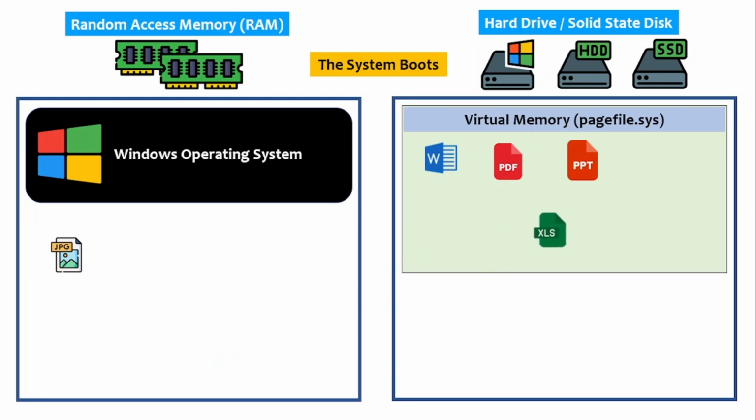So Excel will be moved out to virtual memory and MS Word will be brought onto the RAM as we are working on it. This is just a layman's pictorial representation of how virtual memory works. There are a lot of permutations and combinations at the back. This is just to make you understand the things.